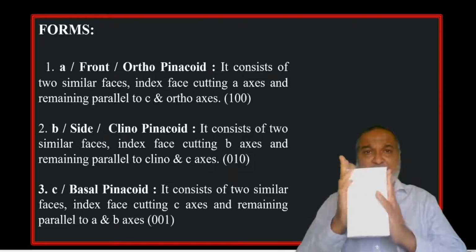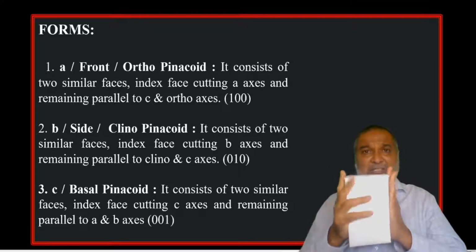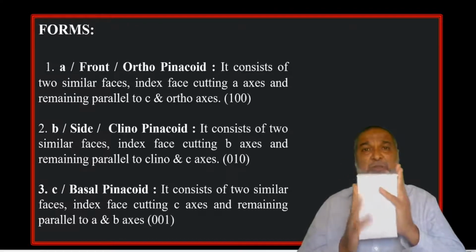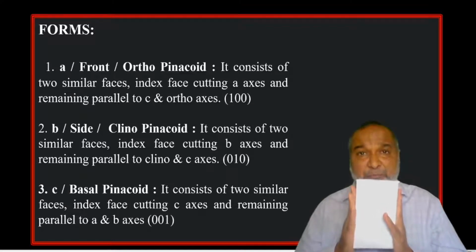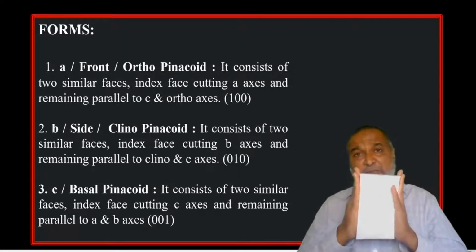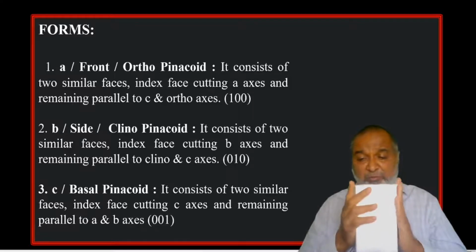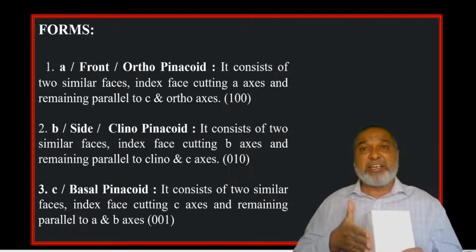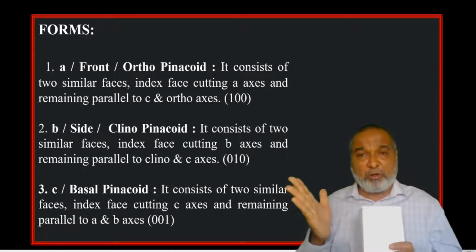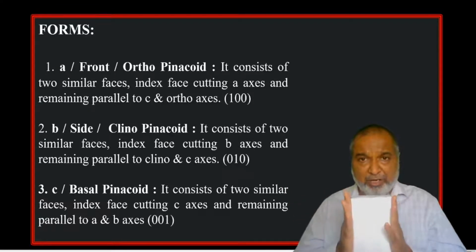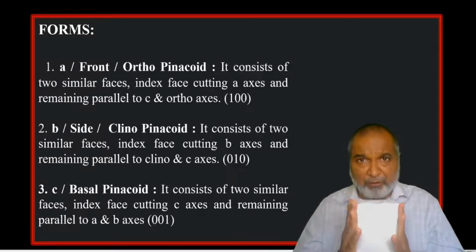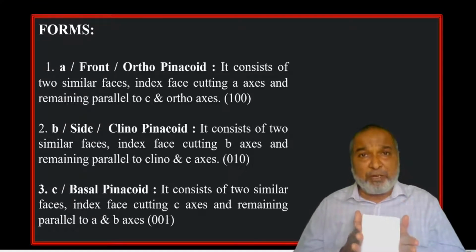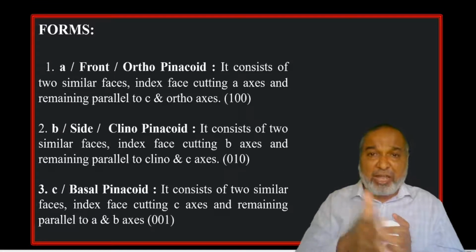Then the pair which is present on the side along the B axis, on the left and right, will be called your B pinacoid because it is along the B axis, or it is called the side pinacoid. Now this one remains parallel to your clino axis. So this will be called your B pinacoid, or side pinacoid, or clino pinacoid because it is parallel to your clino axis.